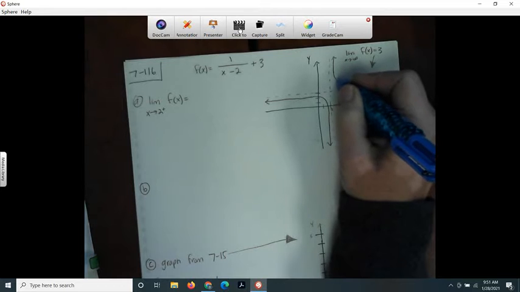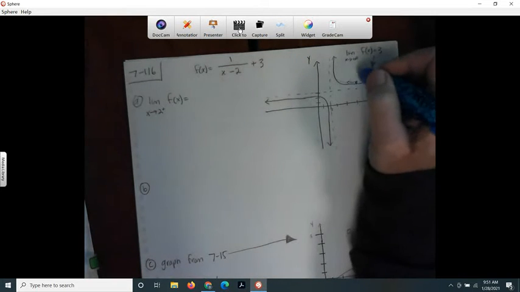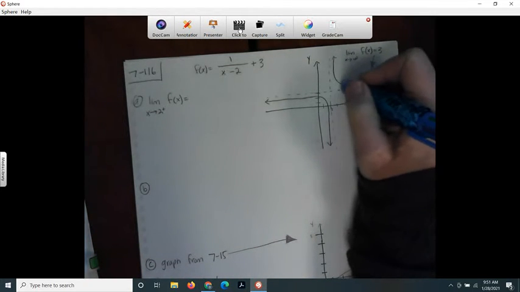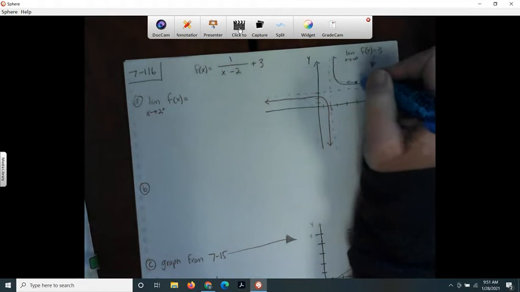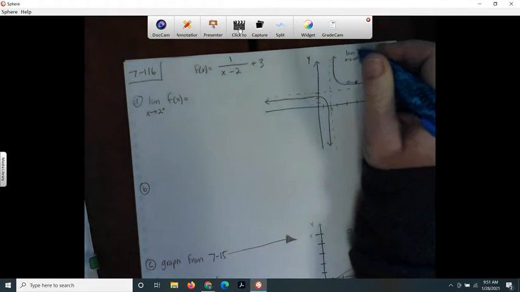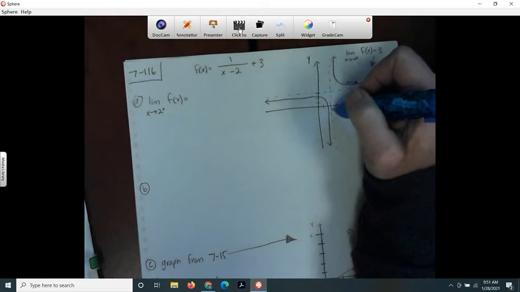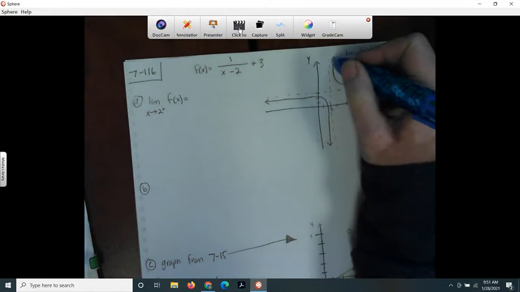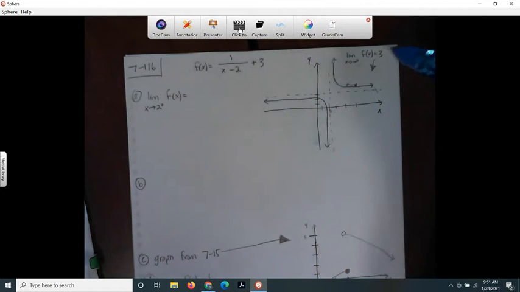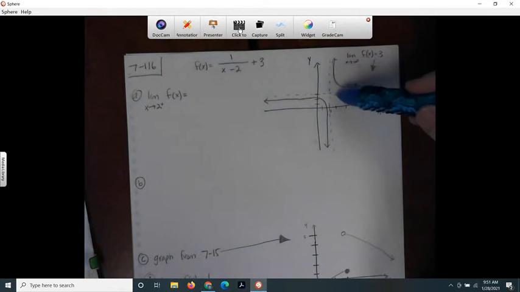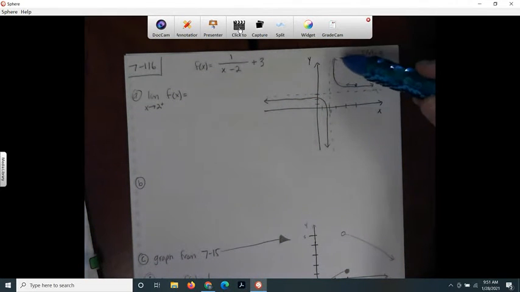You notice that f of x gets closer to 2, but where does she think she's going? Where is f of x going to go as she gets closer to 2? Well, it looks like it starts going more steeply up, up, up, right? And you can plug in some numbers. That's what we've been doing in class.